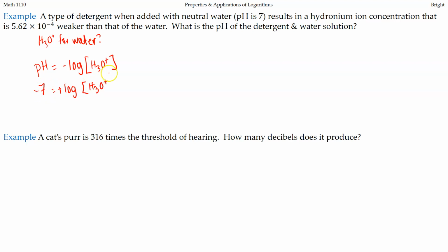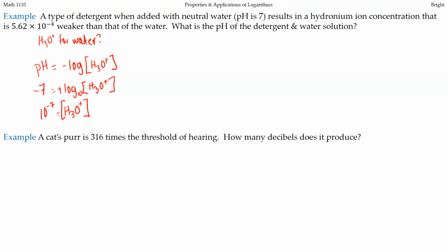Now this is where our good old friend the tattoo is going to come into play. Remember this is base 10, so converting this into exponential form, this is going to be 10 to the minus 7 is equal to H3O plus, the hydronium ion concentration for water. Okay, so I have found that.